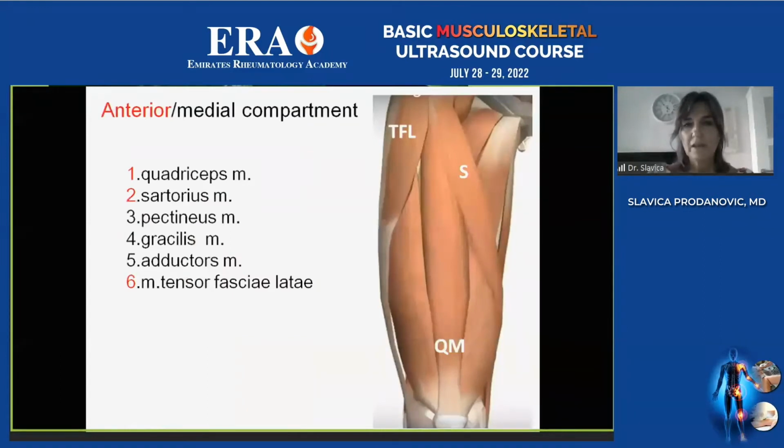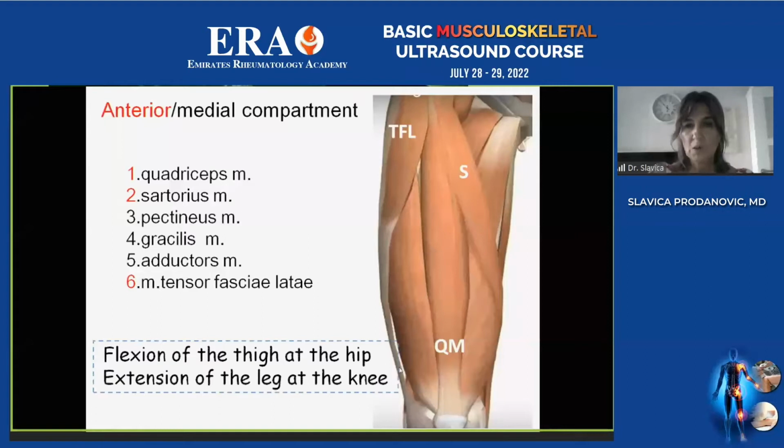Then we have another three muscles of the anterior side: the tensor fasciae latae muscle, the sartorius muscle, and the quadriceps muscle. All those muscles provide us flexion of the thigh at the hip joint and extension of the leg at the knee joint.